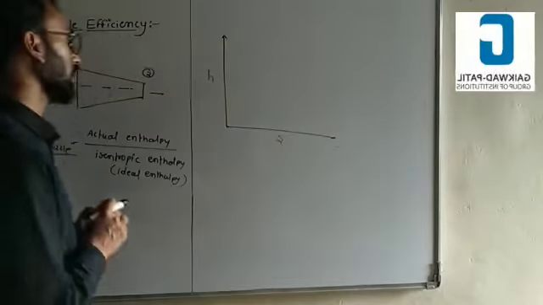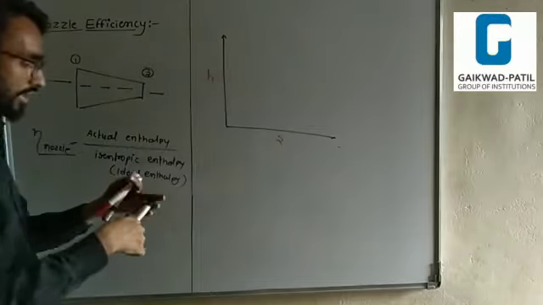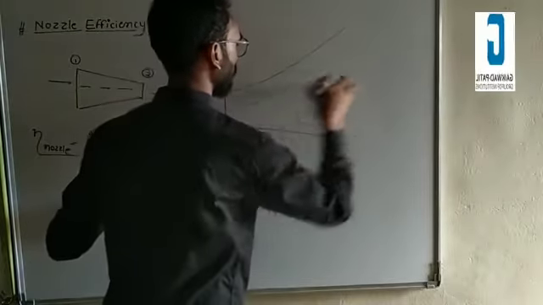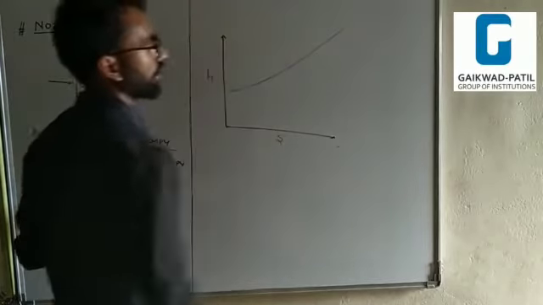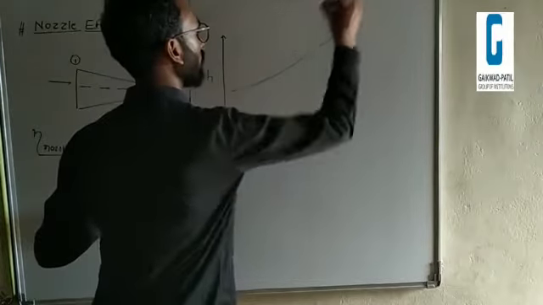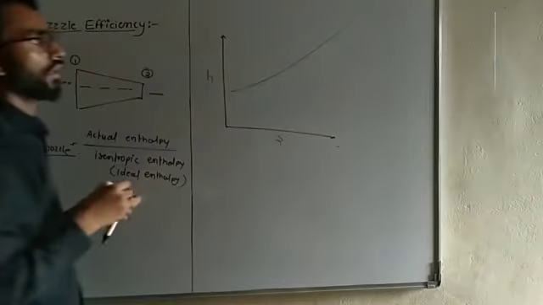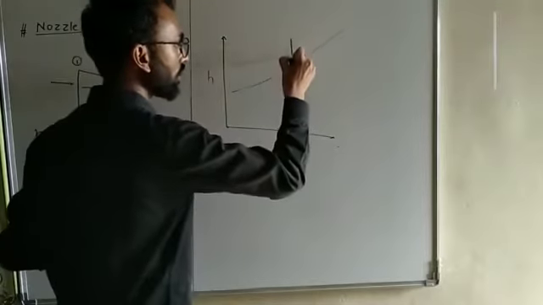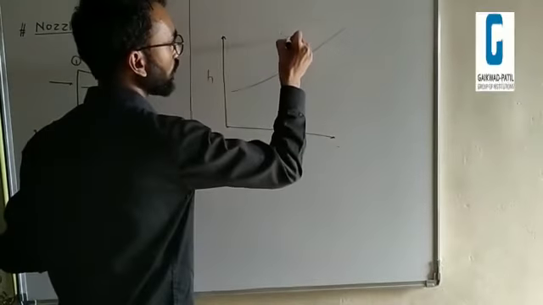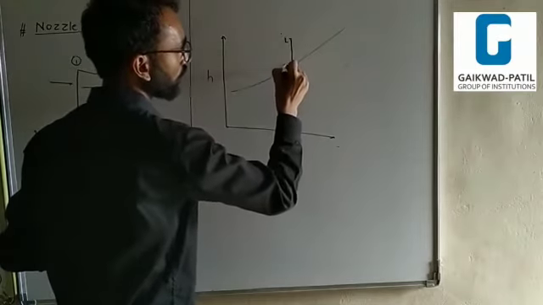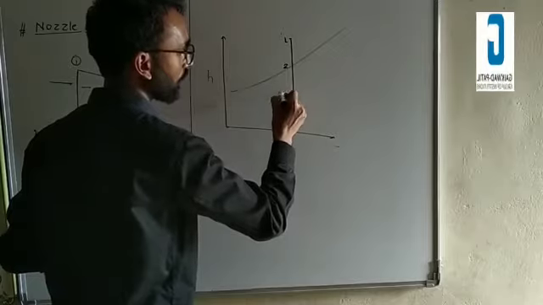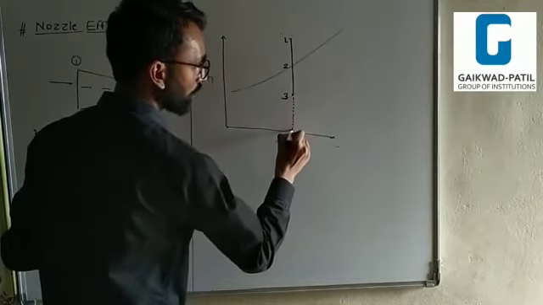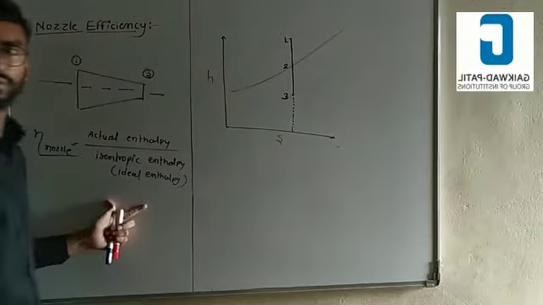Now look here. In this HS diagram, we draw some constant pressure lines in this way. This one is a constant pressure line for the HS diagram like this. Now look here, here is the isentropic enthalpy drop. This point is point 1, this one is 2 and this one is point 3. This one is isentropic, meaning the entropy will be constant at that point.